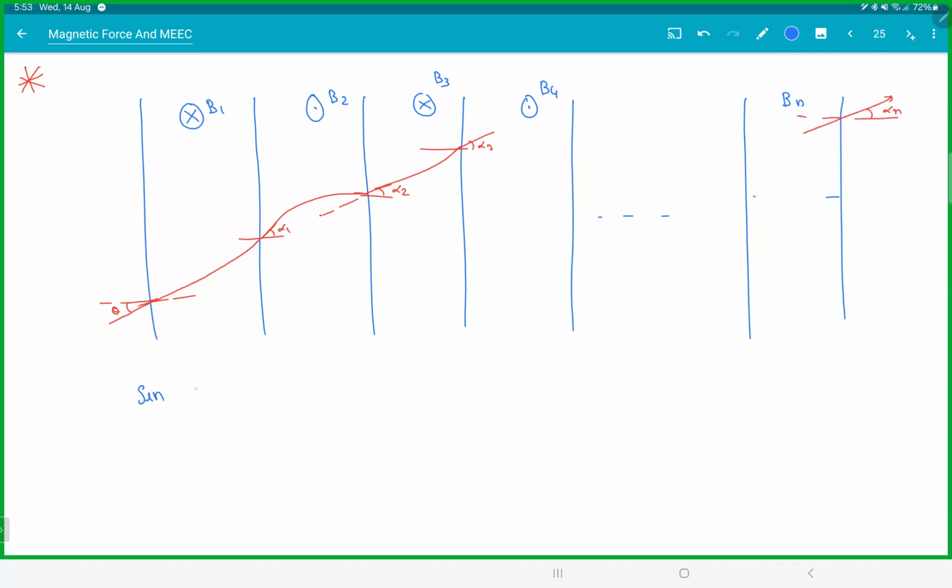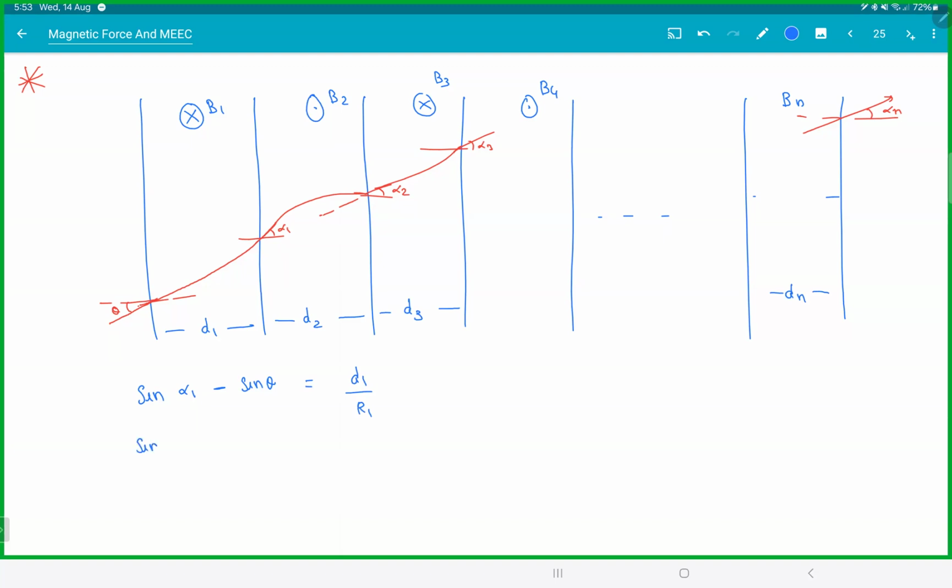If you try to write this, this is how the formula looks. The first one is sin alpha 1 minus sin theta equal to d1 by r1, where this distance is d1, this distance is d2, this distance is d3, and so on, and r1 is mv by qB.